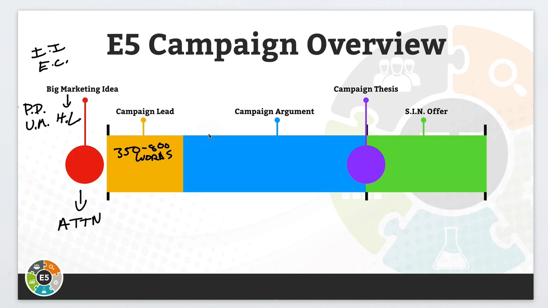Now, it's important for you to understand that every marketing campaign, really every piece of information, whether it's a news article, a blog post, an email, a VSL, a webinar, or a long-form sales letter, does not matter. Every piece of content has a lead. Every piece of content has a first 300 words or 400 words or 200 words or 600 words, whatever it may be.